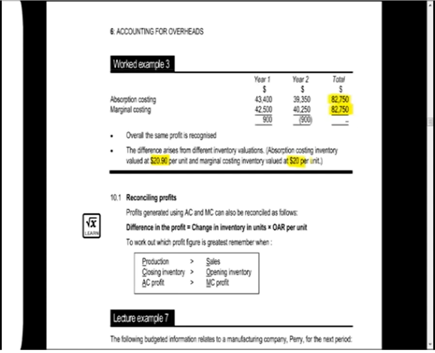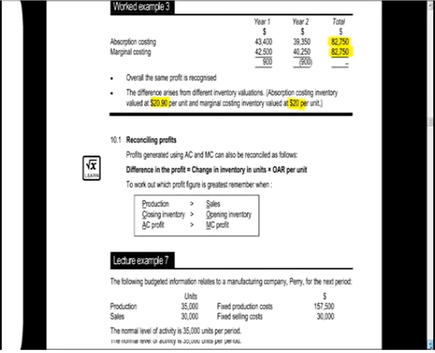And we can use this knowledge to help us reconcile the profits. Reconciling profits then is an important skill for the exam because it is a way of the examiner testing that you know the differences between absorption costing and marginal costing without you having to do lots of different calculations.